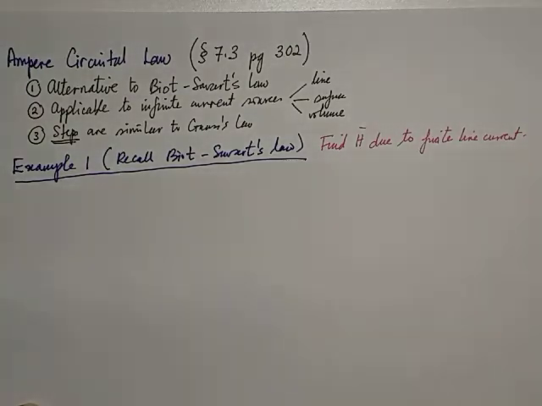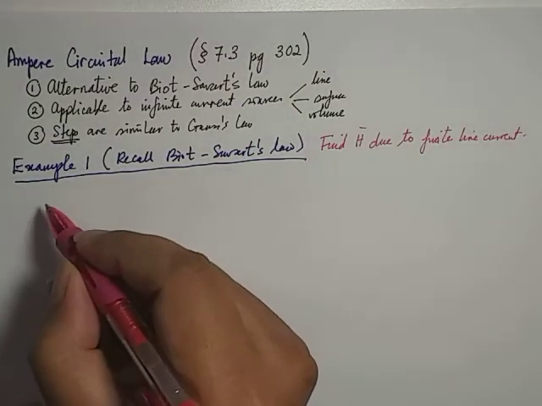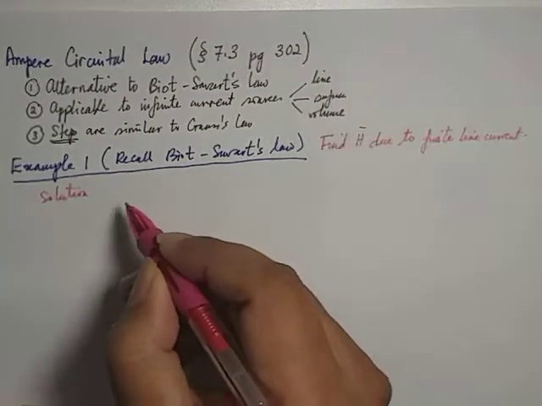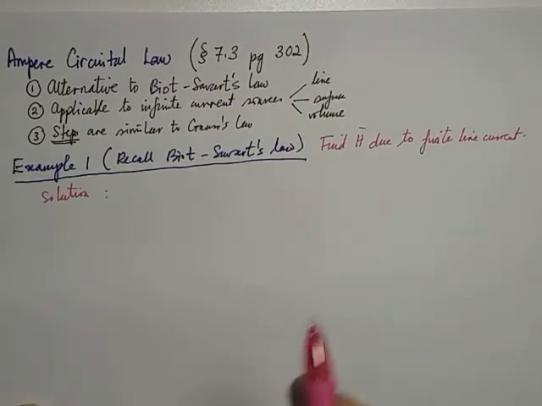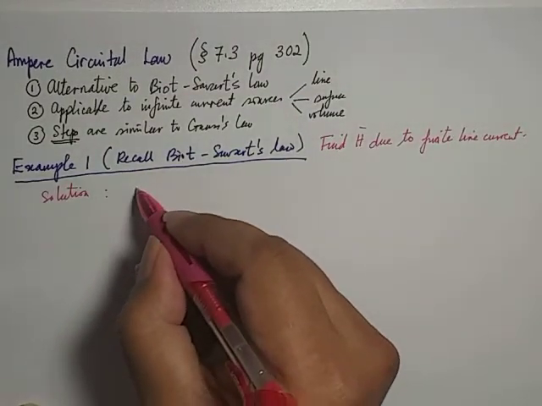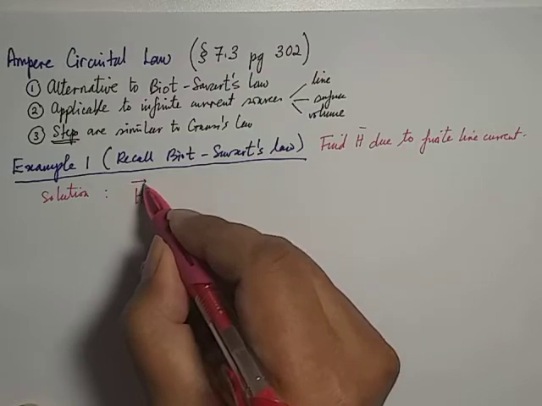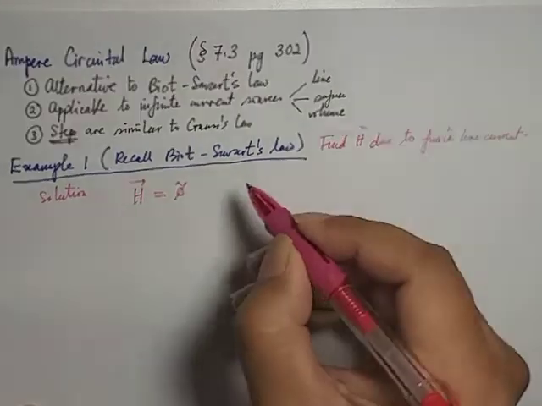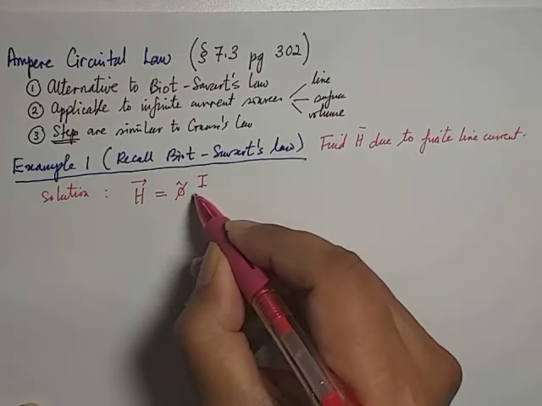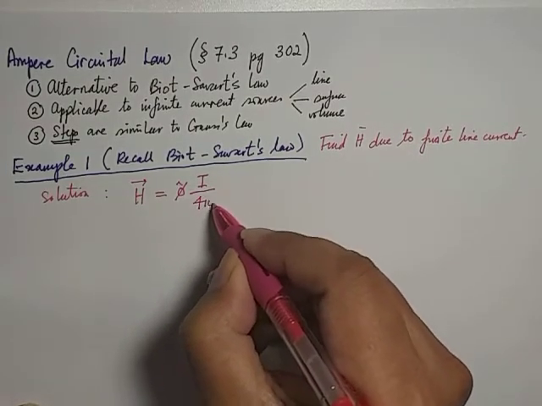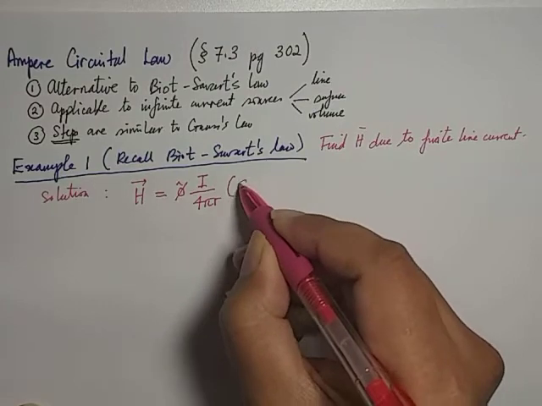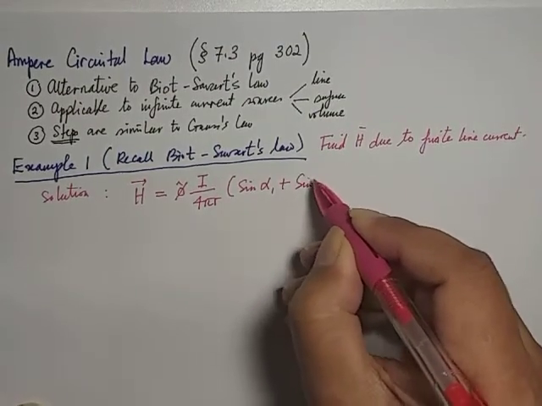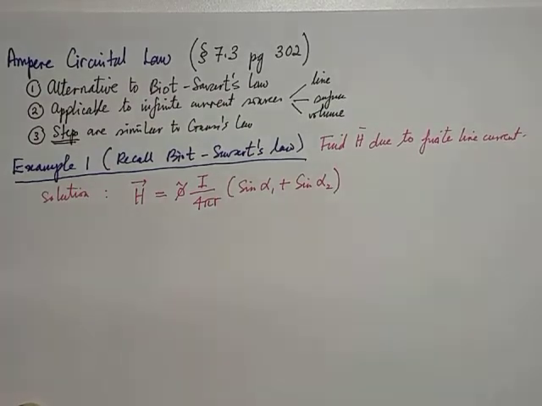And the solution that we obtain for finite line current is H equal to I over 4 pi r, bracket sine alpha 1 plus sine alpha 2, correct? Just copy the solution.